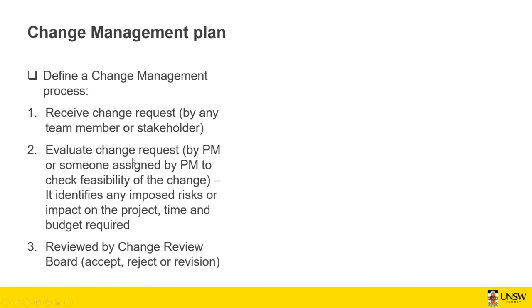That can be done by the project manager or someone assigned by the project manager with some skills in order to accurately evaluate the change request and see whether the change is feasible or not. And that person also identifies any imposed risk or impact on the project time and budget.